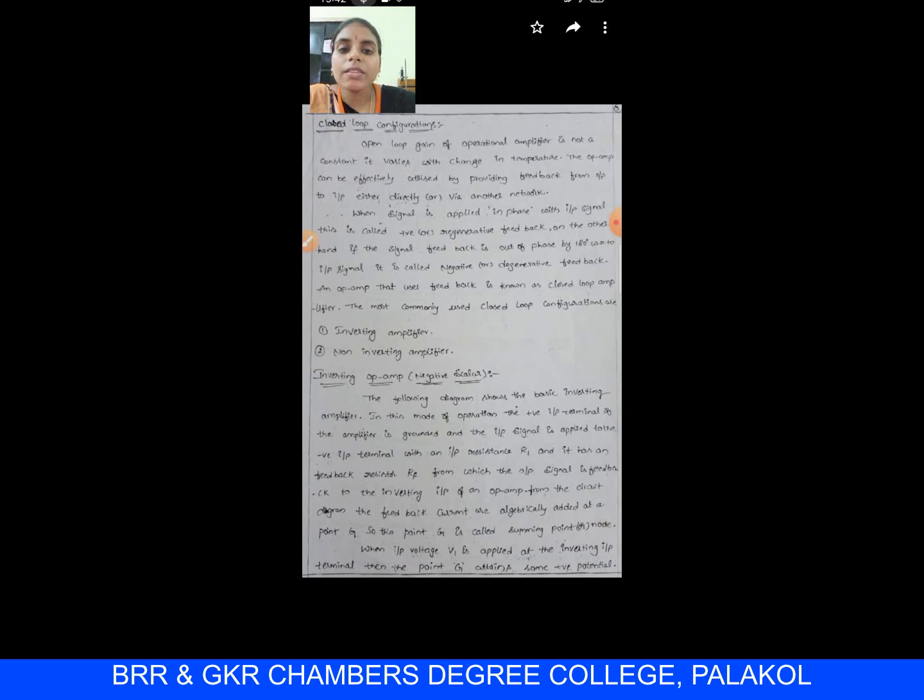When the feedback signal is applied in phase with the input signal, this is called positive or regenerative feedback. On the other hand, if the feedback signal is out of phase by 180 degrees with respect to the input signal, it is called negative or degenerative feedback. An op amp that uses feedback is known as a closed loop amplifier.